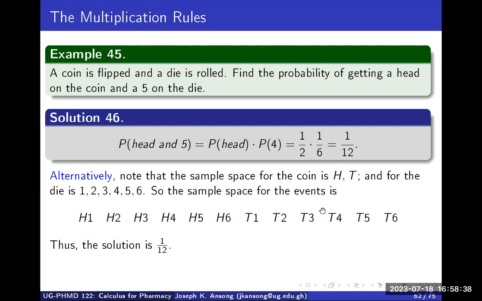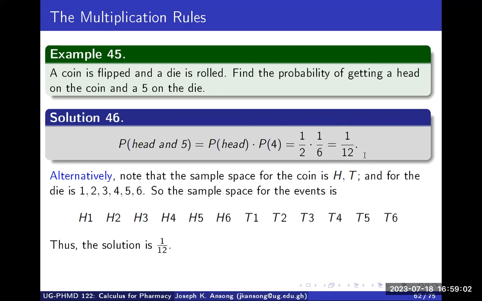All of this is the sample space for the events, with 12 elements. The probability of getting a head and 5 is this one here, H5, which is 1 out of the total of 12. So the probability is 1 over 12, the same as what we got before.